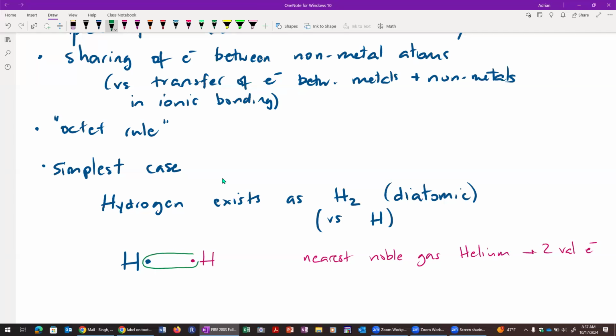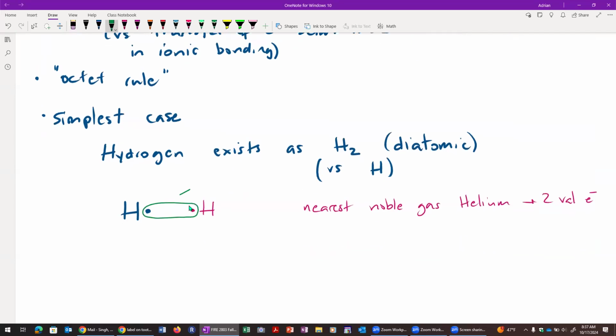And we can represent that just by outlining it like so. So we have these 2 electrons now that are shared between one H and the other H. Now you can think of those electrons as belonging to the hydrogen on the left, but at the same time, because they're being shared, they also belong to the hydrogen on the right side.